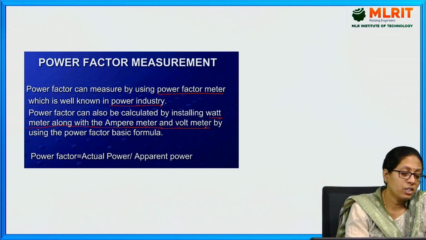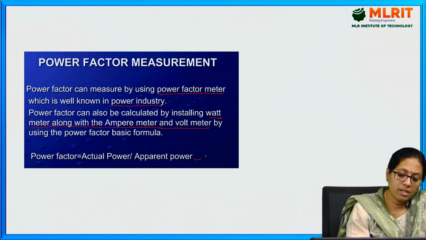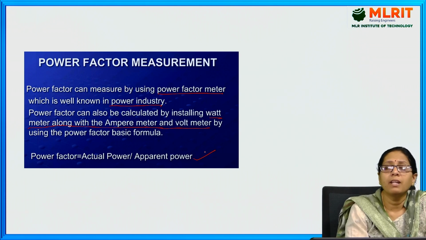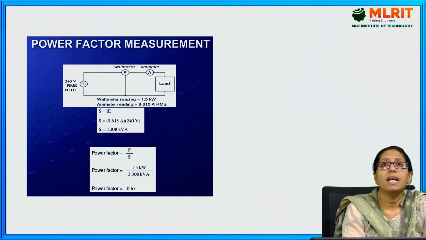In addition to the voltmeter and the ammeter, we will be connecting a wattmeter in order to measure the power factor. So here the power factor is equal to active power by apparent power. This is one example for the power factor measurement.